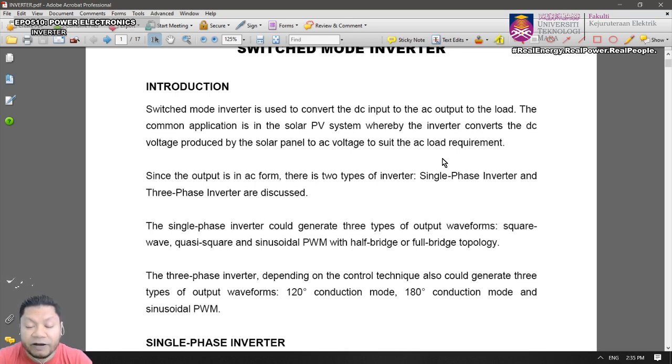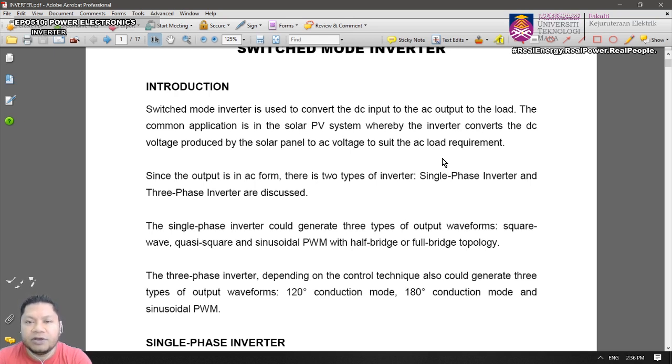Okay, so in this EPO 510, we're going to discuss two types of inverter, which are the single phase inverter and the three phase inverter. The single phase inverter could generate three types of output waveforms: the square wave, which we have learned during our rectifier, the quasi square wave, and finally the sinusoidal PWM, pulse width modulation waveform.